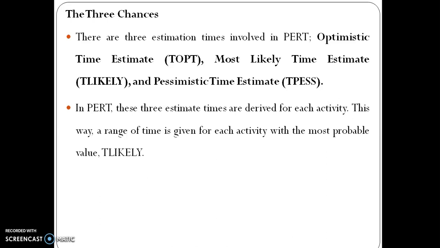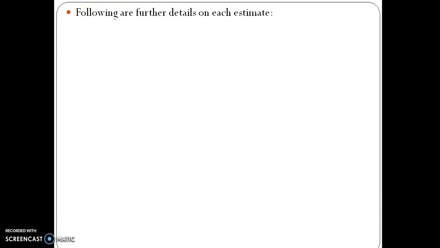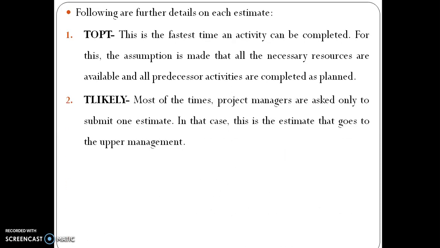This way, a range of time is given for each activity with the most probable value. Following are further details on each estimate. Optimistic time, TO: this is the fastest time an activity can be completed. For this, the assumption is made that all necessary resources are available and all predecessor activities are completed as planned.